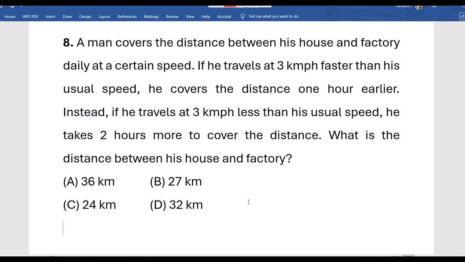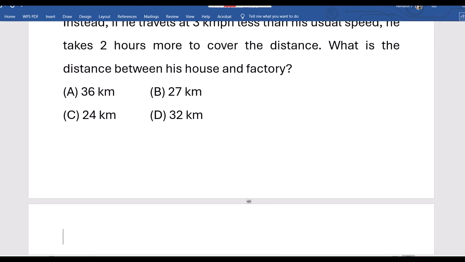I don't want to use the formulas and all, or else maybe the one which you people just now developed. But distance is constant, speed increased, time will be saved, right? If you can use that in this situation, it will be very easy. See, distance is speed times time.